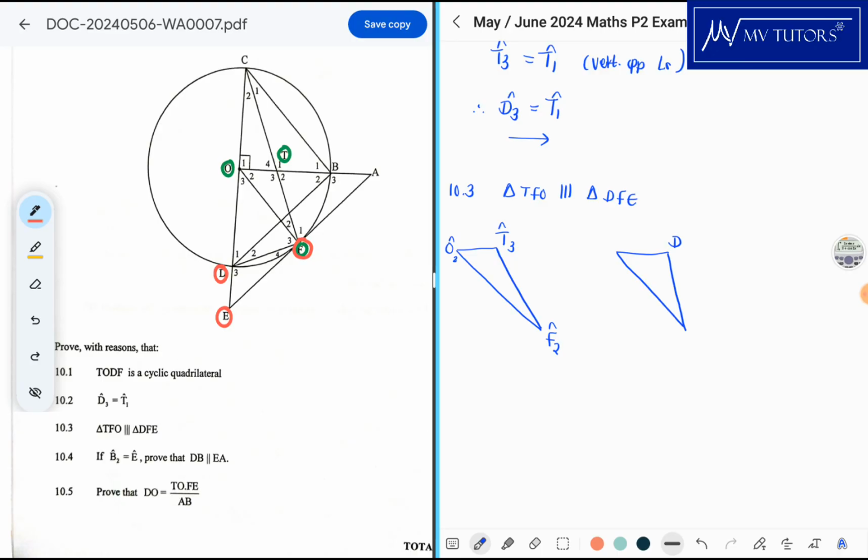DF, there's F, DFE. Okay, so this is now D3. And that is now F4. Okay. Now, if I'm going to prove similarity, I need to show that the angles are actually equal. So, what can I start with?